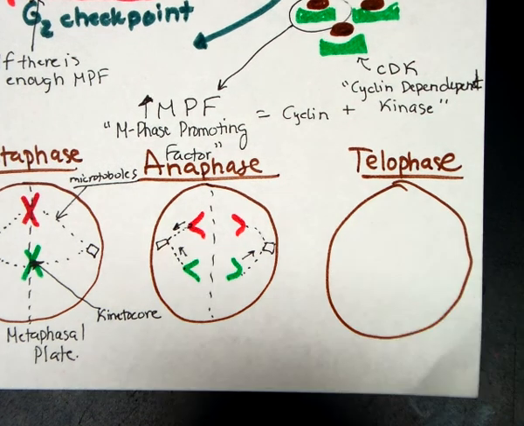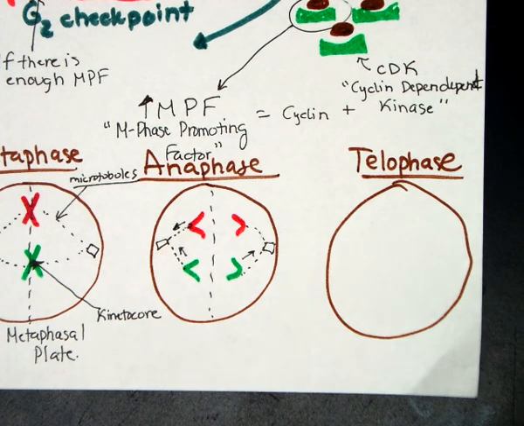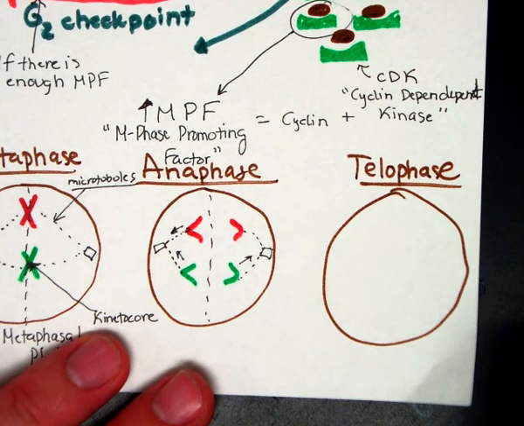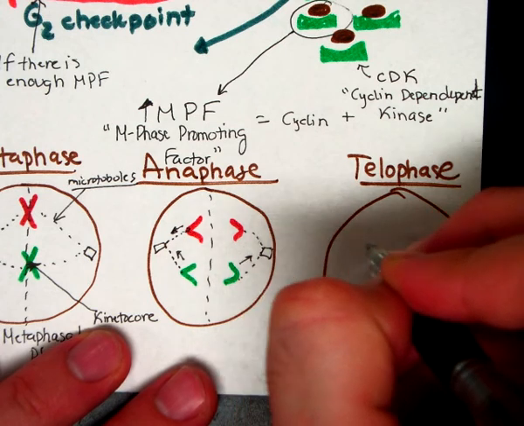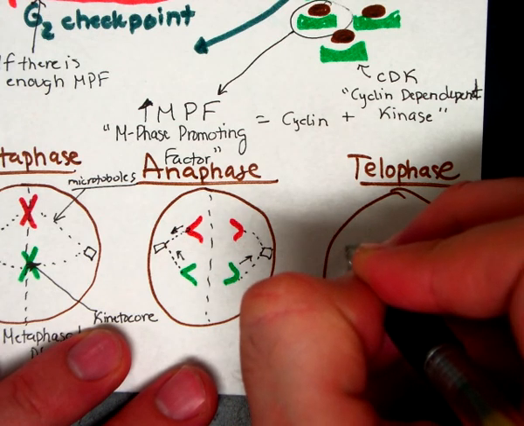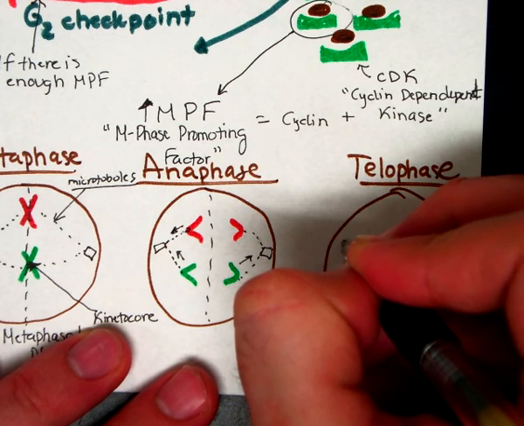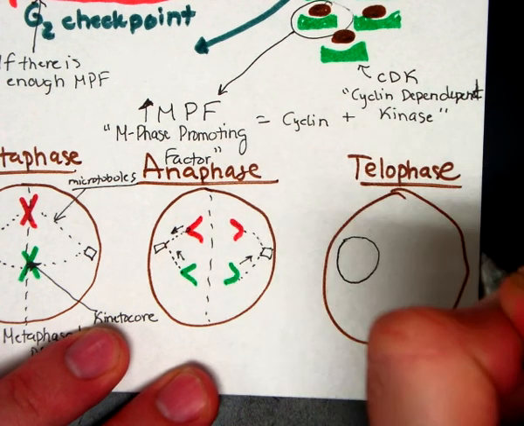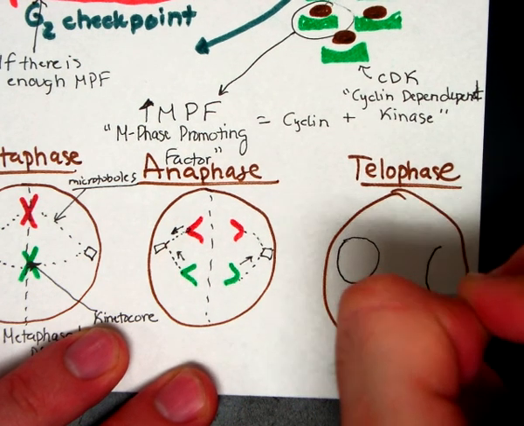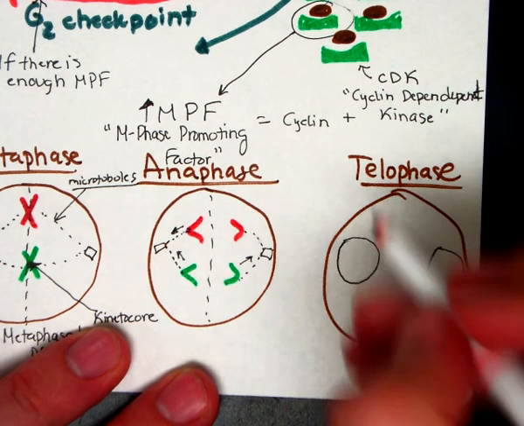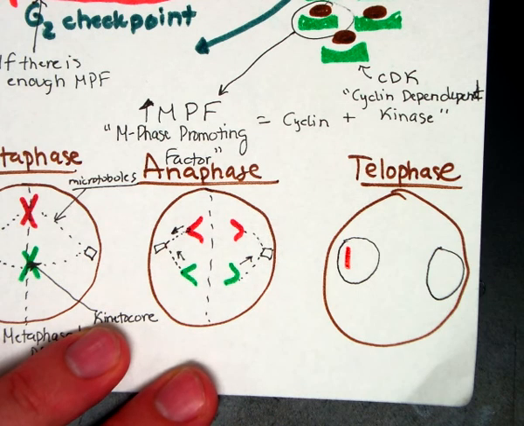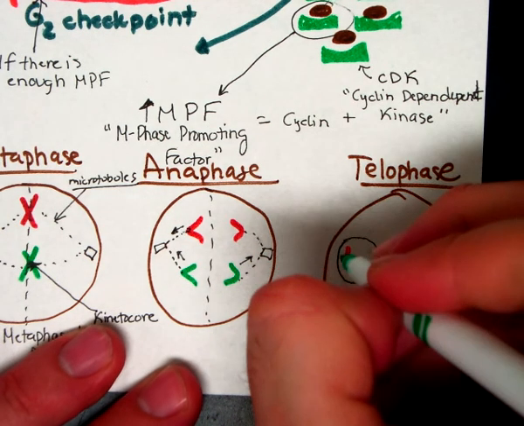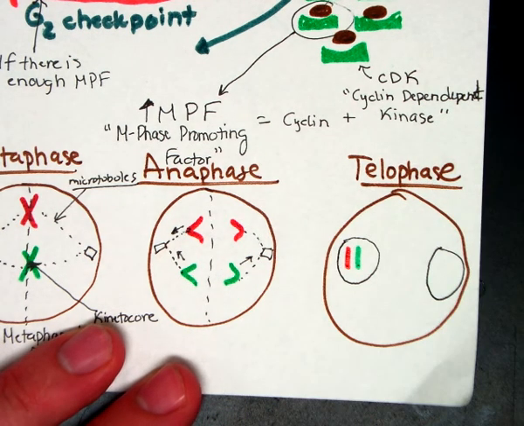Now, at this point, what we begin to see is that the chromosomes are now within the two sides of the cell, and we see nuclei start to reform. And inside, we have our chromosomes.